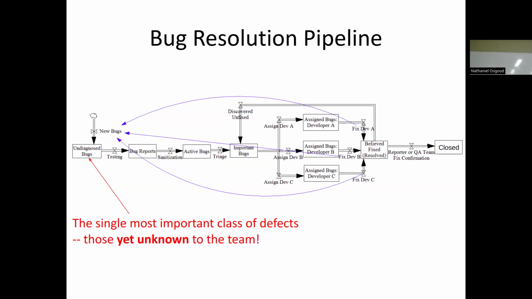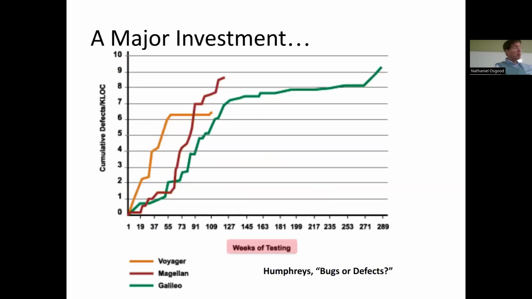Your job is to discover them and to prevent similar things from getting in there in the future, right? This is all about discovering undiagnosed defects, and discovering them first, right? There are some defects in Voyager's code base that they were discovering, and some in Galileo's code base that they were discovering for upwards of 5 years.